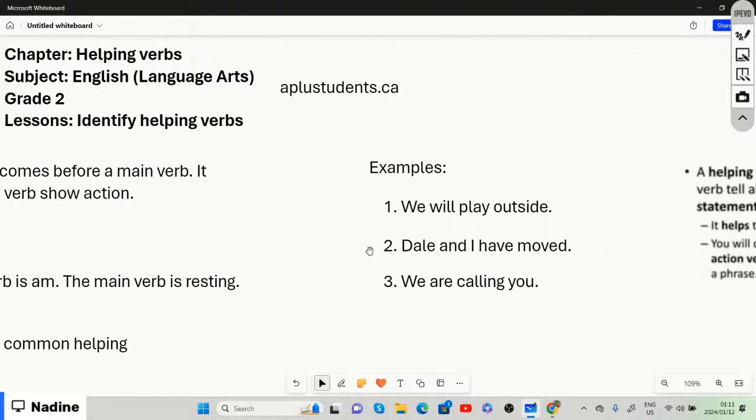What is the helping verb and what is the main verb within the sentence? Let's first look at the helping verb that helps the main verb to show action. We will play outside.